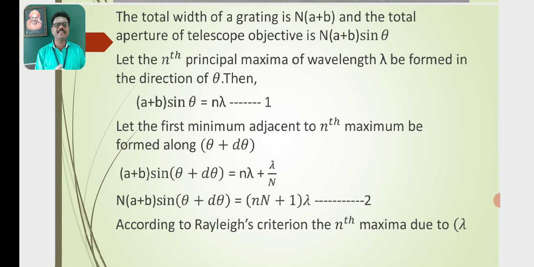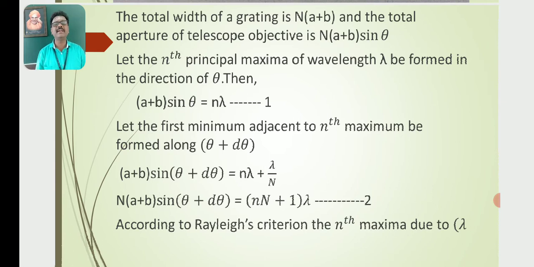So let the nth principal maximum of wavelength lambda be formed in the direction theta. Then a plus b sin theta is equal to n lambda. Let this be equation number 1. This is based on the expression d sin theta equals n lambda in the case of a single slit.